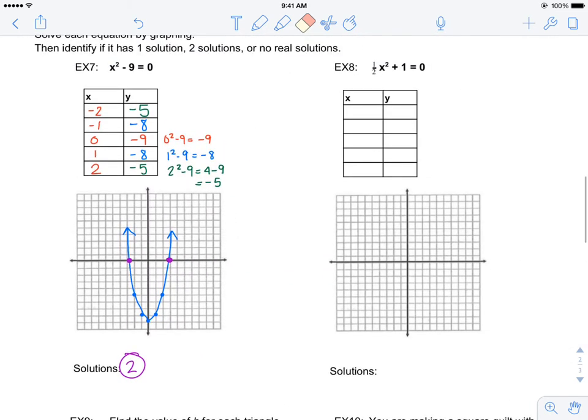Alrighty, I would like you to do example number 8 and see how many solutions you would have.